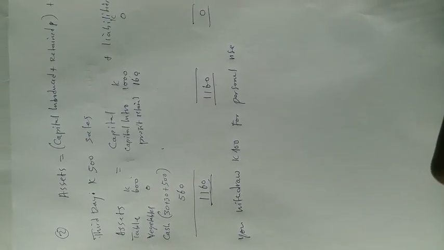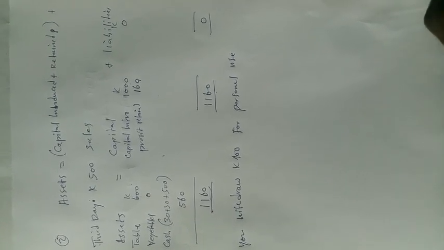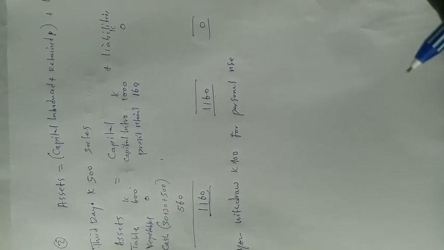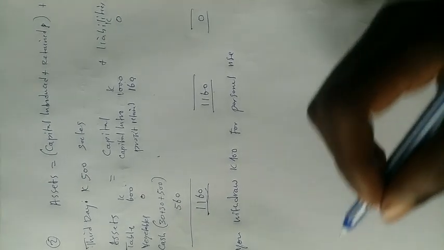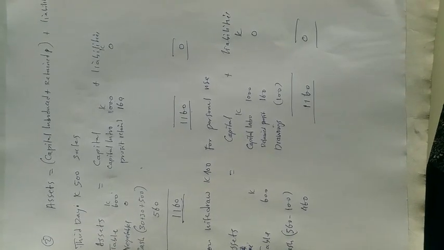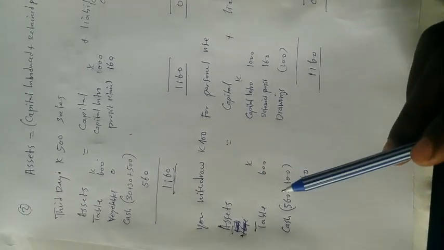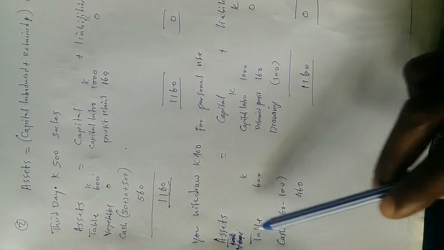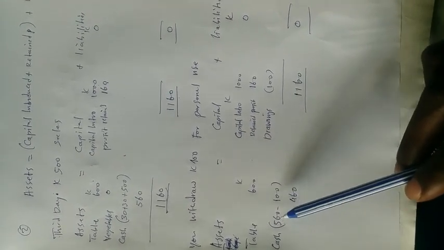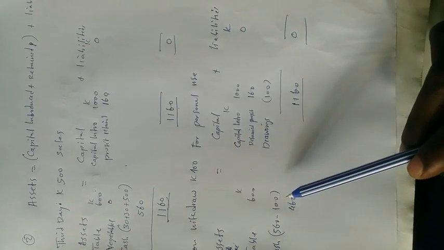Let's reflect the 100 kwacha that you've withdrawn from your business in the accounting equations. I've tried to work it out for the sake of time. This is how it looks. We're saying assets, your table 600 kwacha, your cash, which was 560, is now reduced by 100 kwacha, the one you are withdrawing in form of cash.